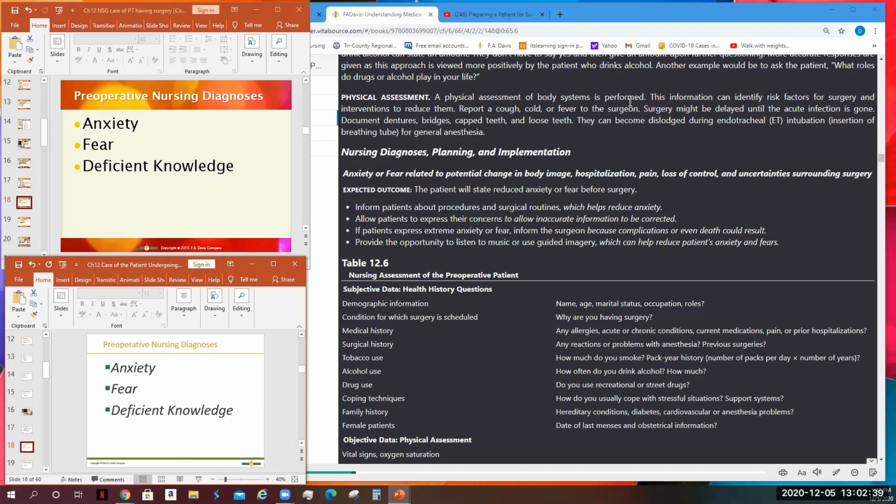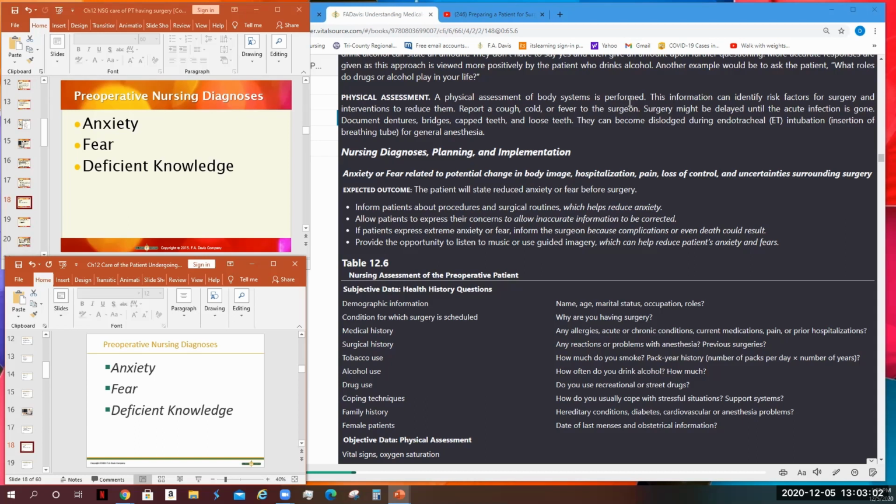Expected outcome: the patient will state reduced anxiety or fear before surgery. Inform patients about procedures and surgical routines, which helps reduce anxiety. Allow patients to express their concerns to allow inaccurate information to be corrected.